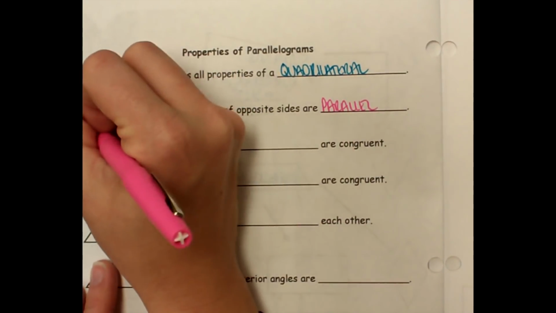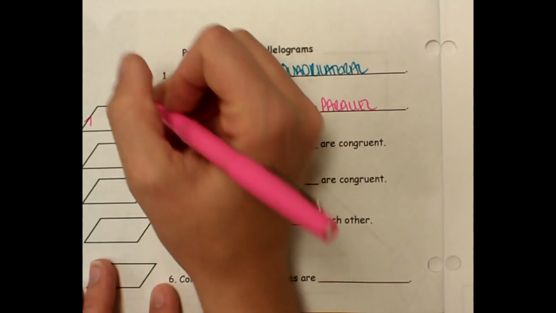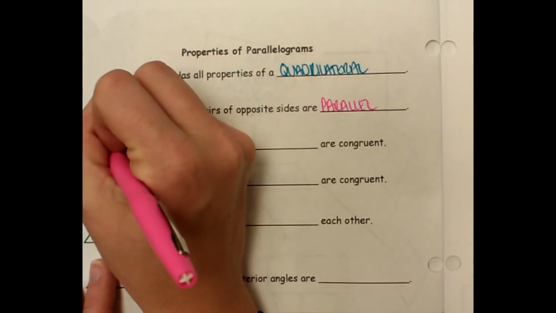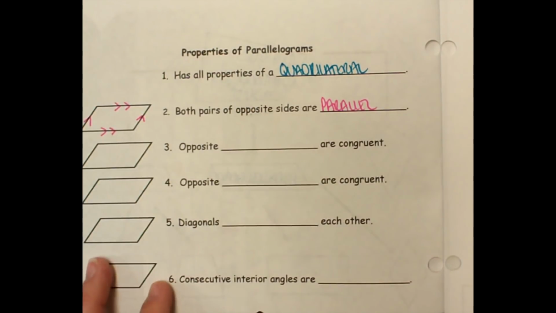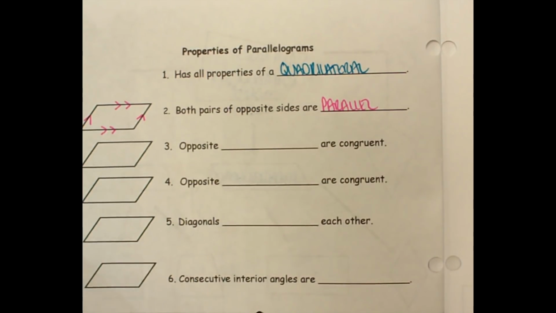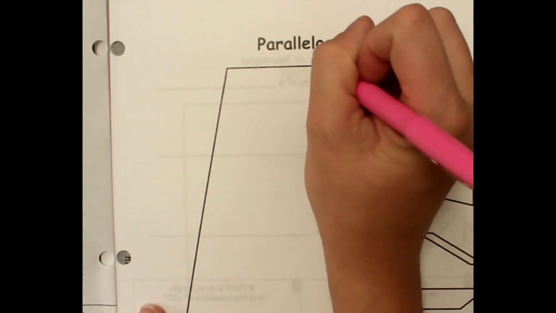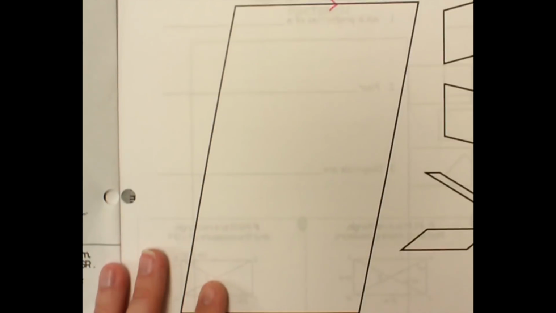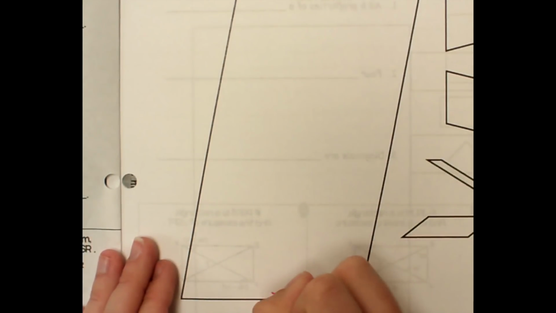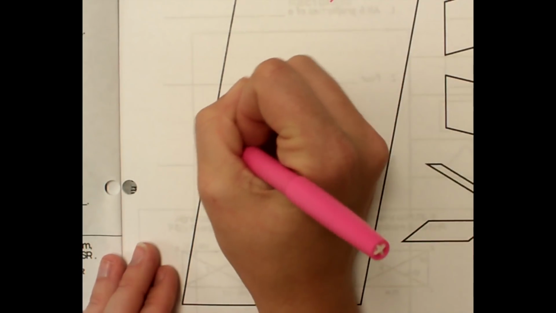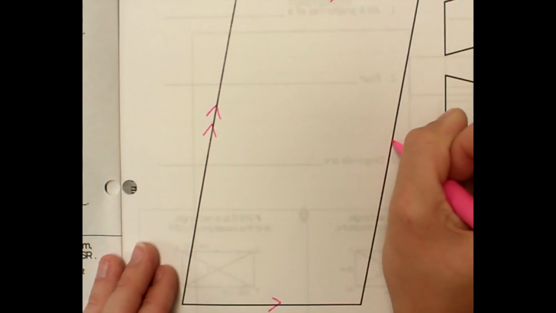So this side is parallel to this side, and the top is parallel to the bottom. So that big parallelogram to the right will go over. Top is parallel to bottom, and left is parallel to right.